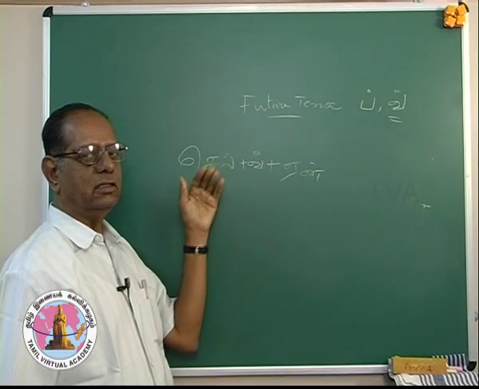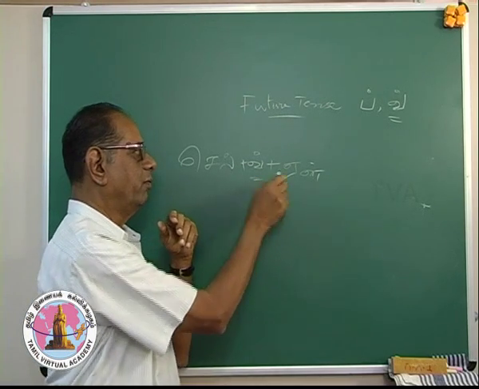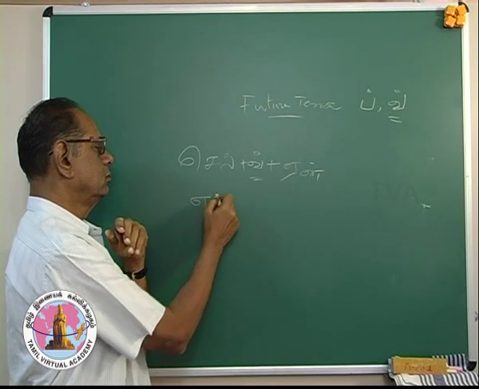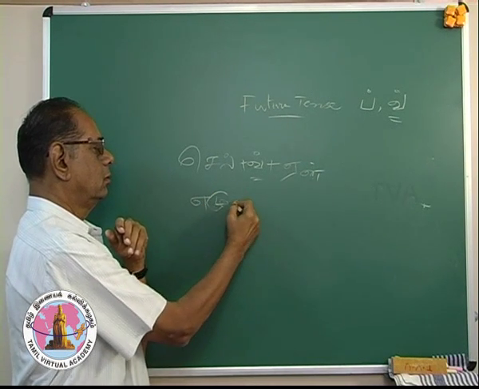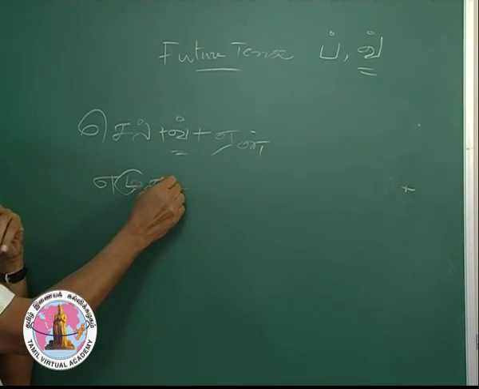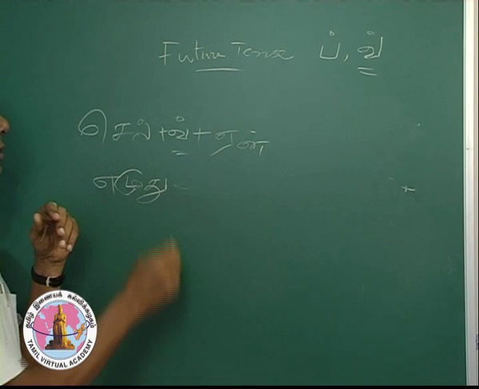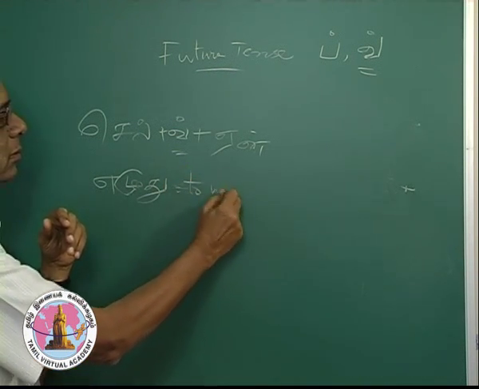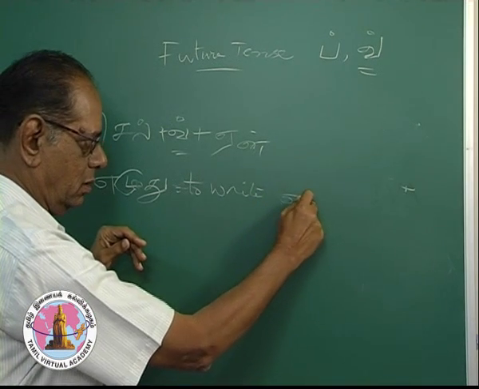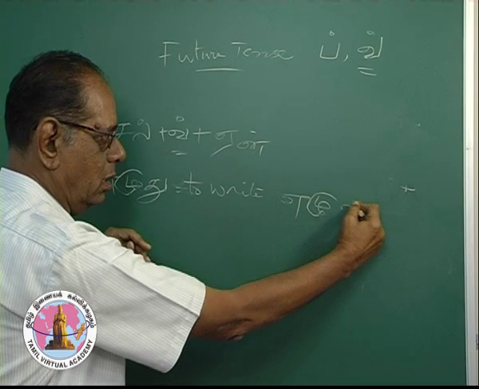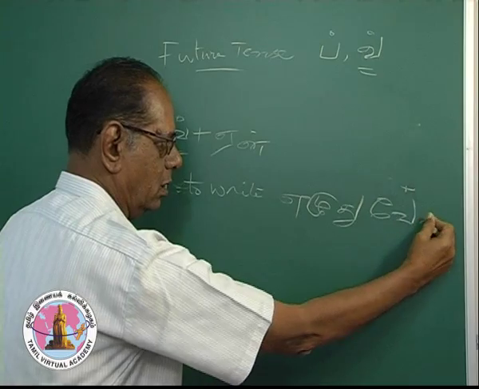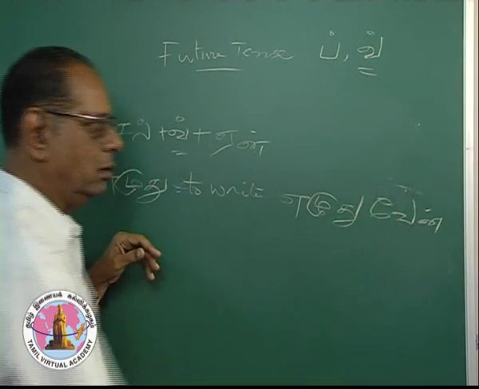Like shall, shall also accepts O. So also எழுது. எழுது, do you remember? To write. So it will be எழுதுவேன்.